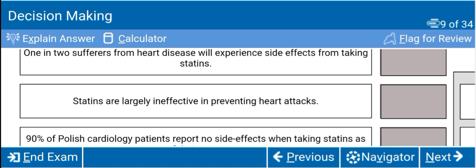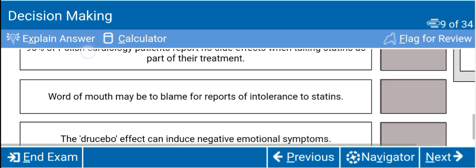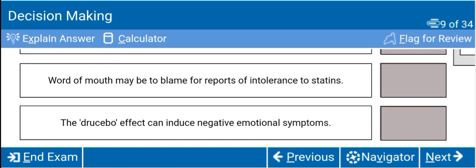Third, 90% of Polish cardiology patients report no side effects when taking statins as part of their treatments. Fourth, word of mouth may be to blame for reports of intolerance to statins. Fifth, the placebo effect can induce negative emotional symptoms.